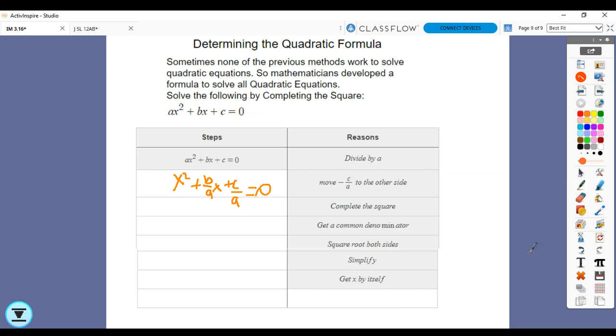I think I might do this using my equation editor. Hang on a second. This might be a little nicer. Just bear with me.